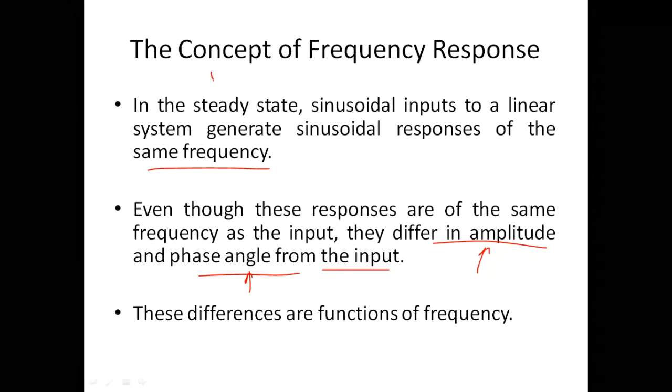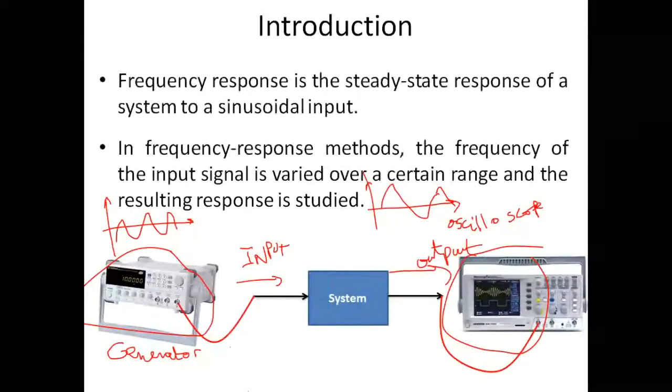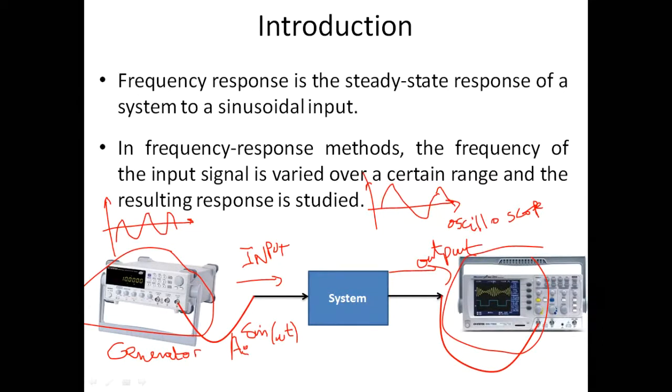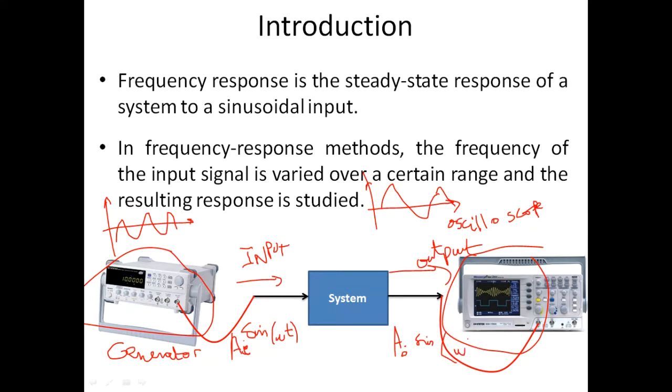That means if the input is sine omega t with an amplitude AI, then the output will be AO sine omega t plus phi.